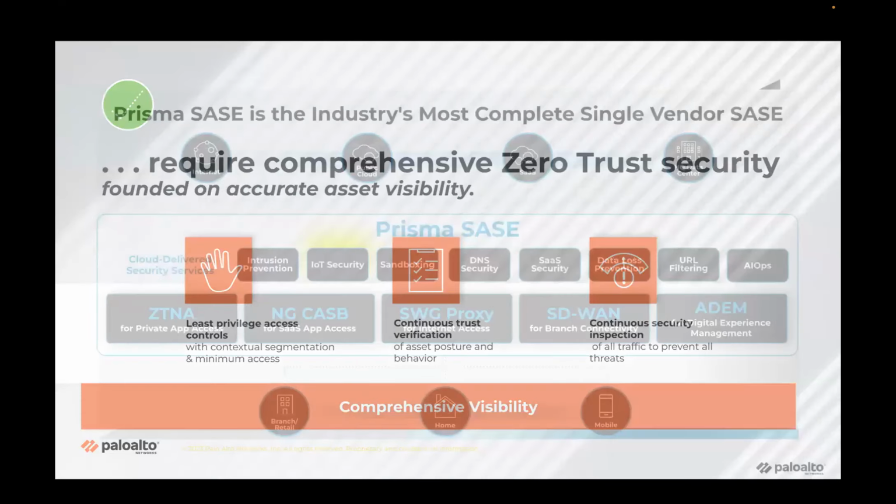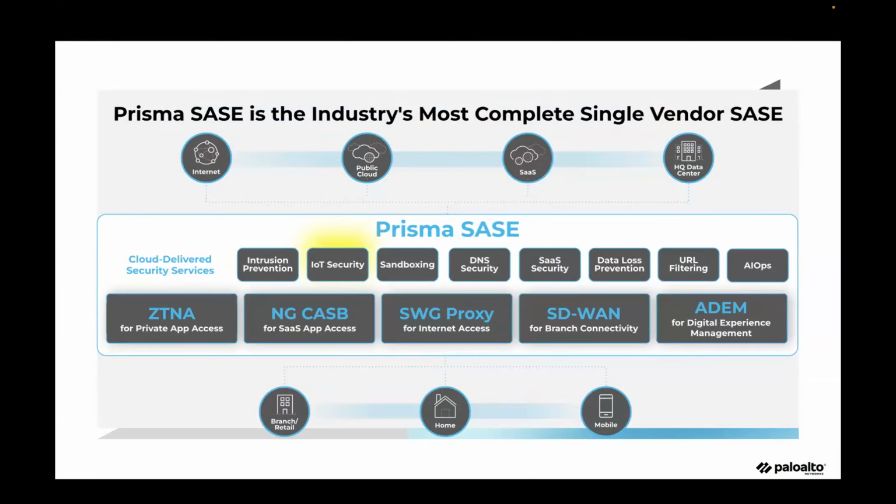So we strongly believe our Prisma SASE platform is a great solution to address these IoT-related challenges. I can't really talk about Prisma SASE these days without highlighting the recent recognition we got from Gartner, that we are the only leaders in the SASE MQ that they just released a couple of days ago.